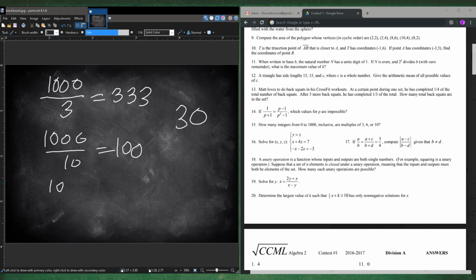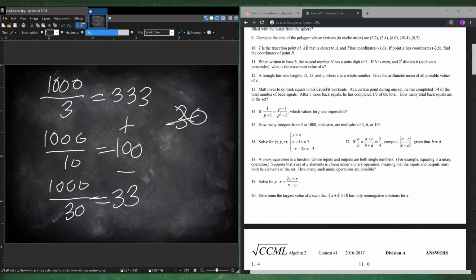So you gotta have 1,000 divided by the least common multiple of 3 and 10, which is 30, which is equal to 33. So you add these together and you subtract this, because these are recorded twice, because 3 can have 30, 10 can have 30, which is added both at the same time.